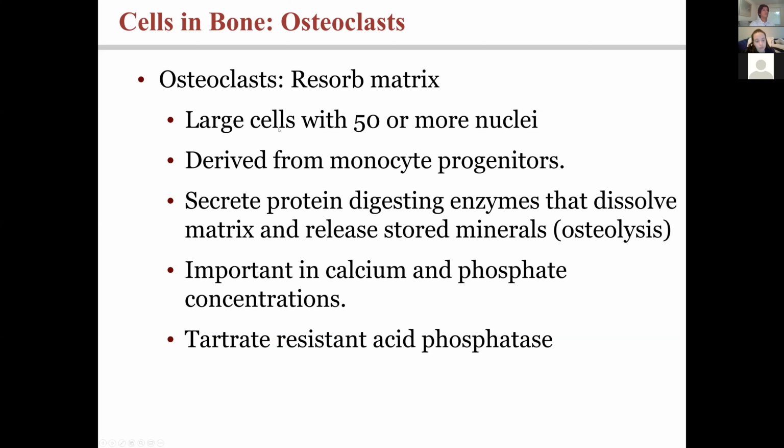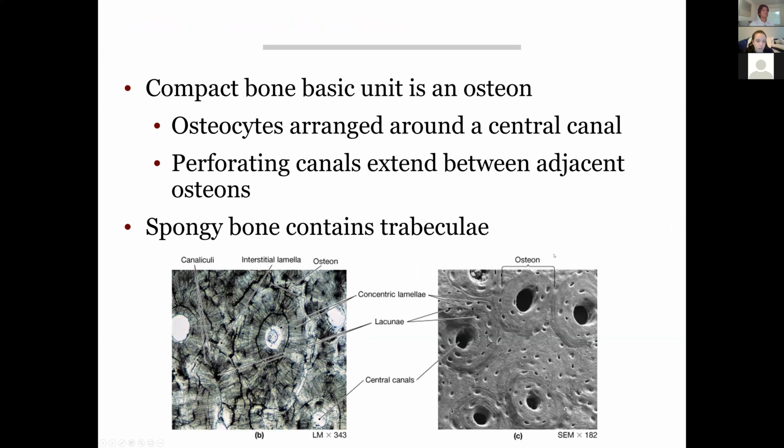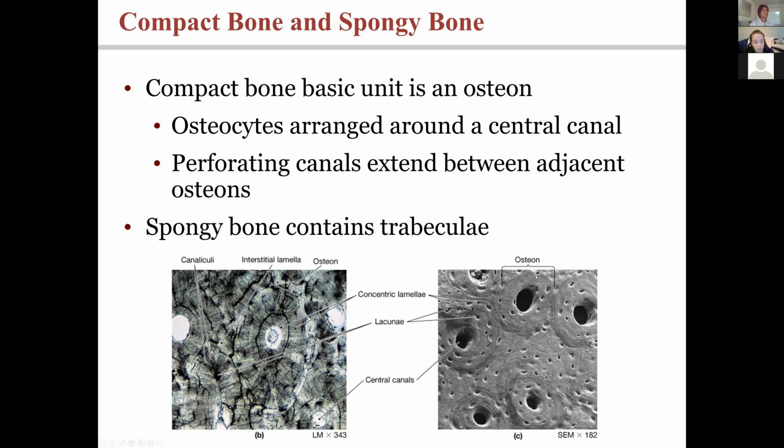They are derived from monocytes, from white blood cells, basically. They secrete these digestive enzymes and are important for calcium and phosphate homeostasis. And this is one of those enzymes, tartrate-resistant acid phosphatase.